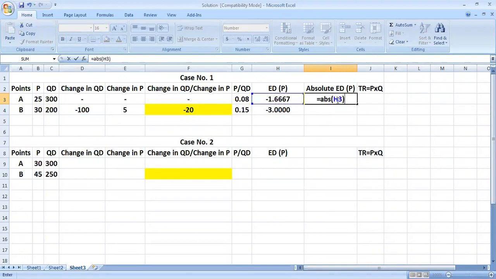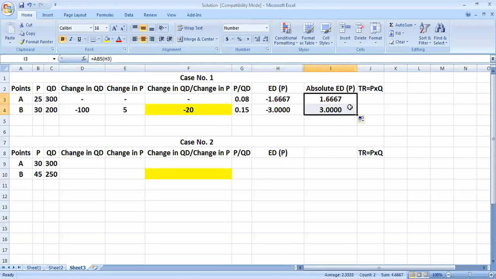ABS means absolute value. I've selected this cell, which is H3, and pressed enter. You could see that the negative value by taking absolute is turned to positive. The other negative value has also turned to positive.